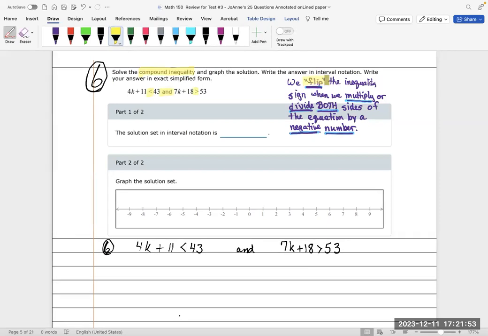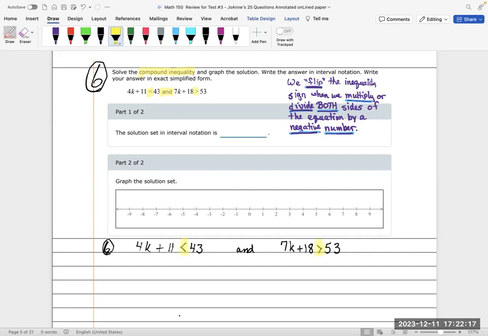Reminder, we flip the inequality when we are multiplying or dividing both sides of that equation by a negative number. So we flip the sign when we're multiplying or dividing both sides of the inequality by a negative.